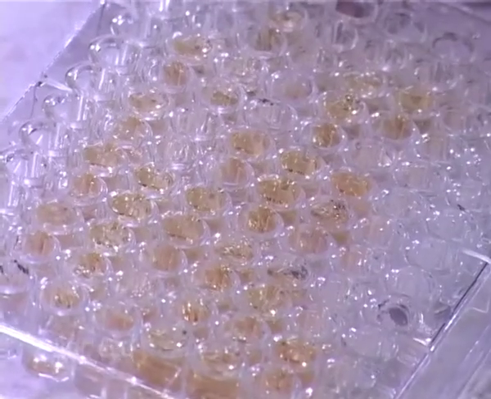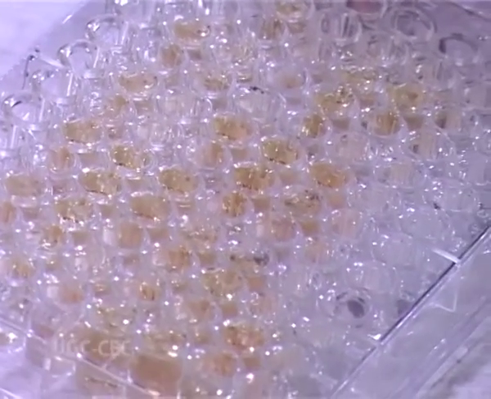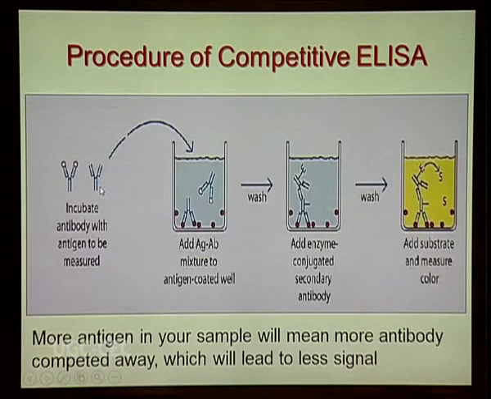Less coloration means less enzyme tagged secondary antibody present in the microtiter well, and that is only possible when there are fewer free antibodies available, and that is possible when the sample is carrying a high amount of antigen. Clear? That is why, when incubated with the antibody solution, all the antigen binding sites are filled up with antigen.